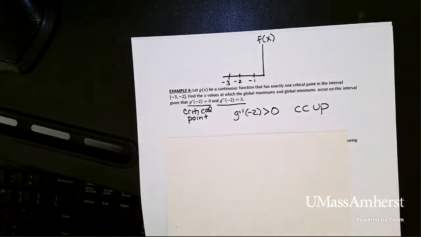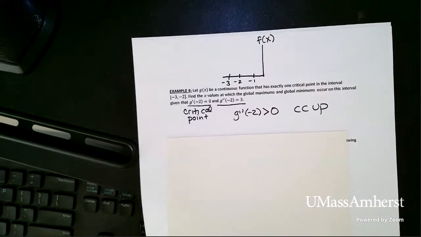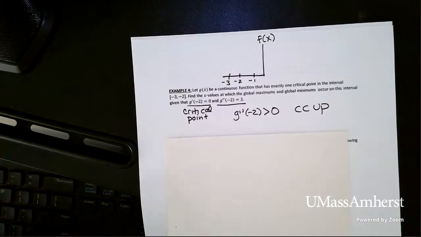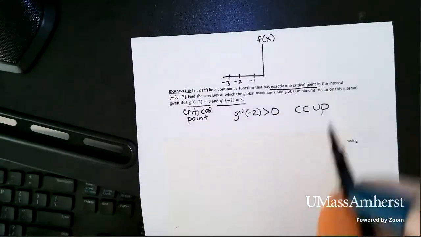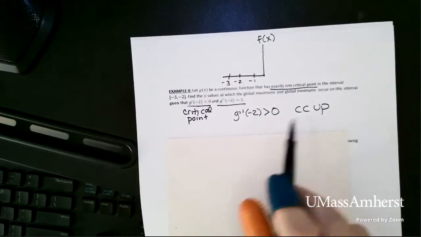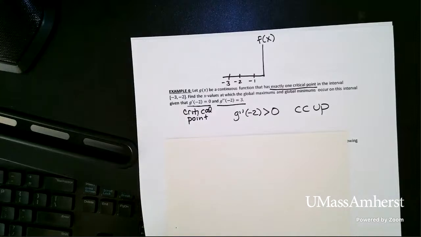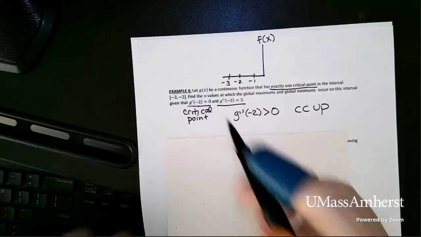So here, because this is a continuous function, we know that that means we have a horizontal tangent line at -2. We also know that there's exactly one critical point. So since we are concave up and we have a critical point at -2, that's going to be a minimum, right? So this is one of our derivative tests.